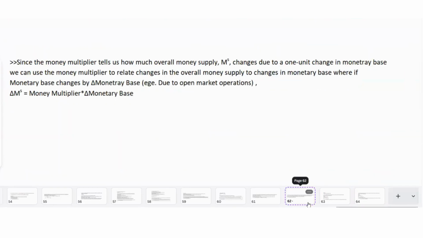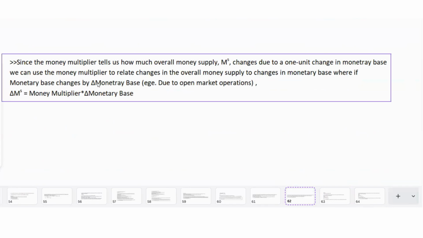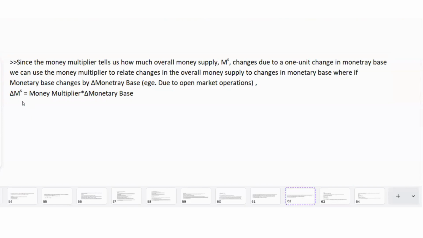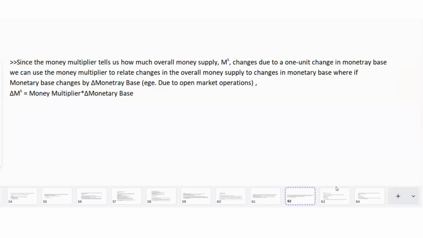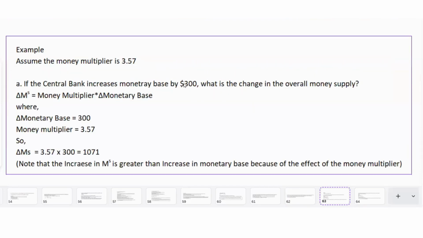So in this way, we can use the money multiplier to relate changes in monetary base to changes in money supply, where the key equation that holds is that change in money supply is money multiplier times change in monetary base. We could be given the change in monetary base and be asked to find the change in money supply it produces, like we did in part A, where we were given the change in monetary base of 300.